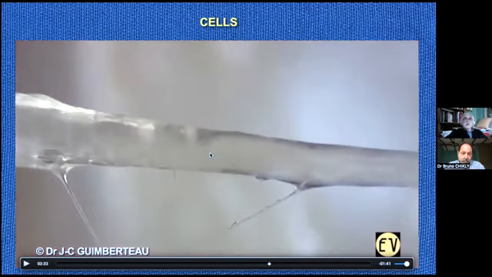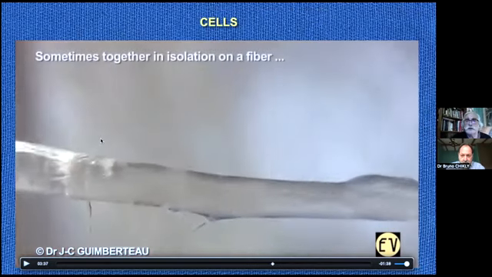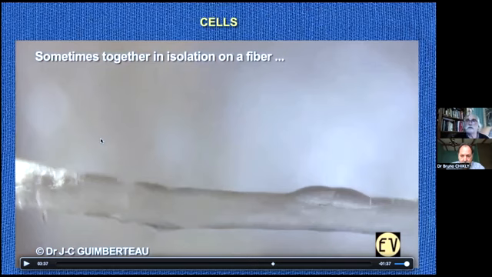Look here now. I am observing this fiber with my endoscope. I go on the right, and then this: two cells, alone. That could be immune cells, because there's no reason to have two cells without the tissue.